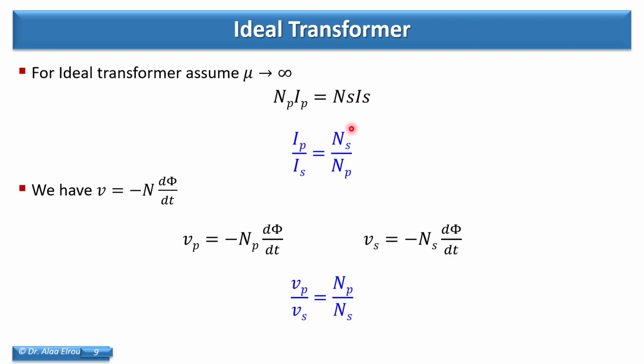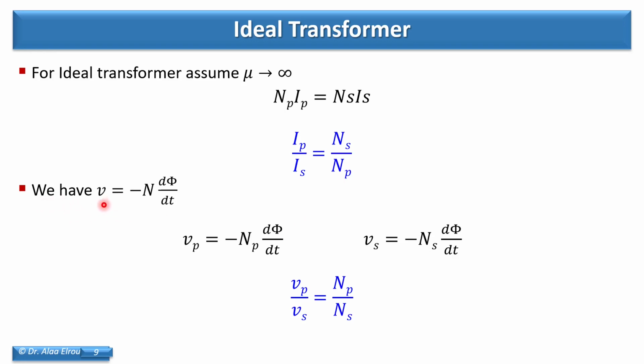So we know all how to do this. The ratio of primary current to secondary current is the transpose, or the inverse, of the secondary number of turns divided by the primary number of turns.